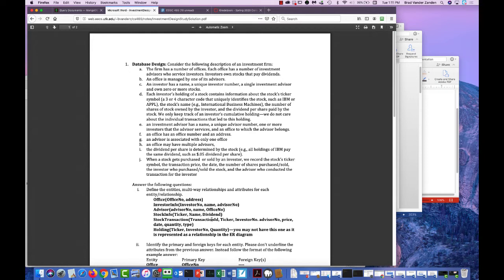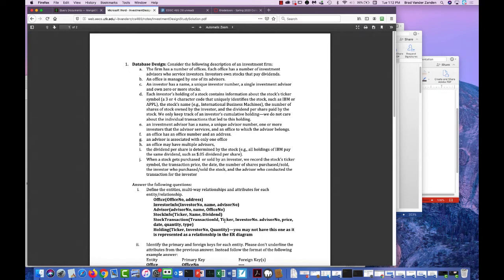Well, is the ticker enough? Should be obvious, no, because we have multiple transactions involving the same stock. So, is it enough to know about the ticker symbol and the investor? Well, no, because you can accumulate a stock over time. You buy it in different lots, or you may buy at one time and sell at another time.